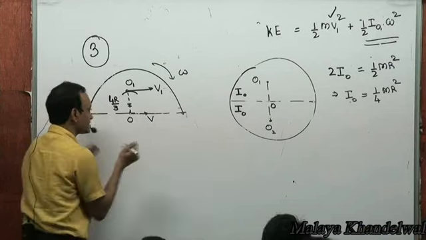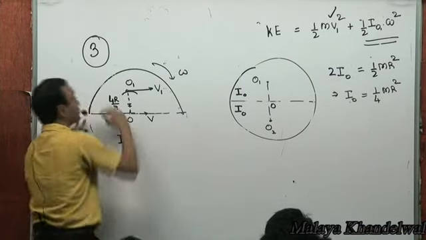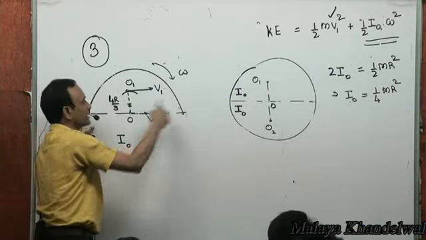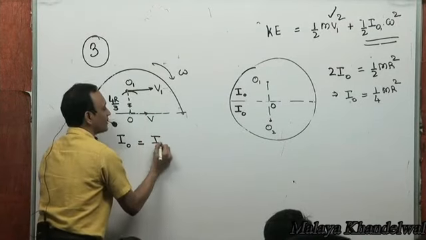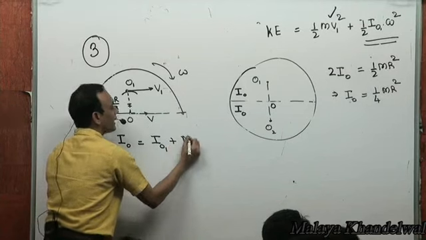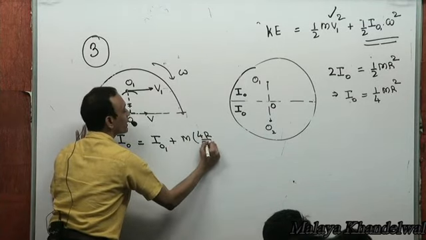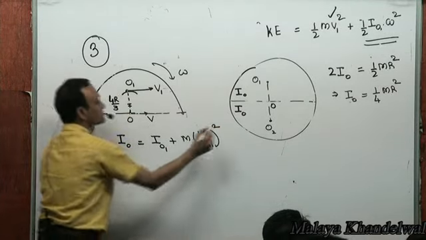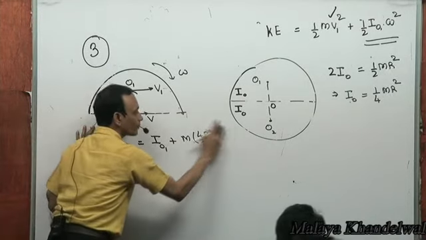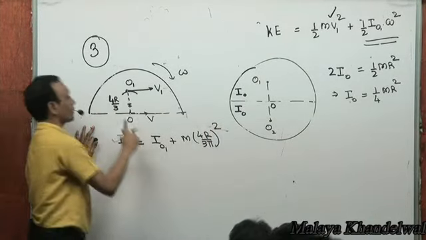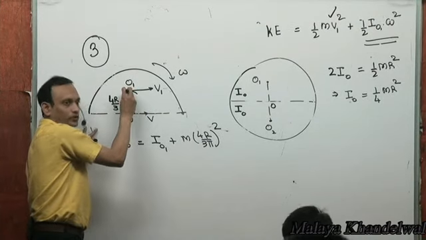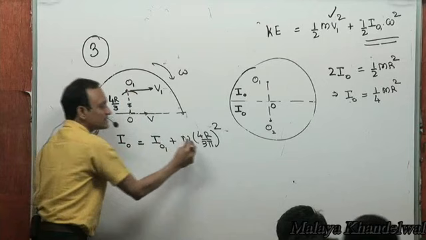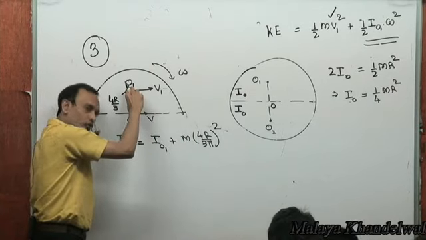Now from the parallel axis theorem, can I say I about O for the upper half? I'll apply the parallel axis theorem. I about O would be I about its CM, that is I about O1, plus m into 4r by 3 pi squared. Can I say this? I about O from the parallel axis theorem would be I about its own center of mass O1 plus m into 4r by 3 pi squared.